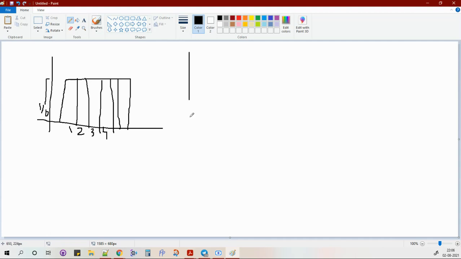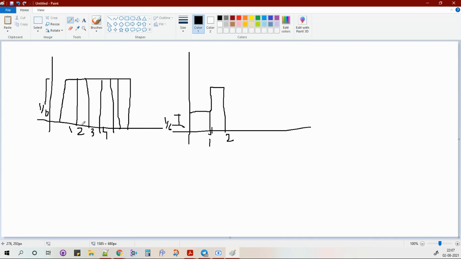So how to get the CDF out of it? First, up to 1, what is the probability? It is 1 by 6. I have just changed the scale. Now up to 2, what is the probability? It's 1 by 6 plus 1 by 6, so it's 2 by 6. Getting a value out of the dice less than or equal to 2 is 2 by 6.